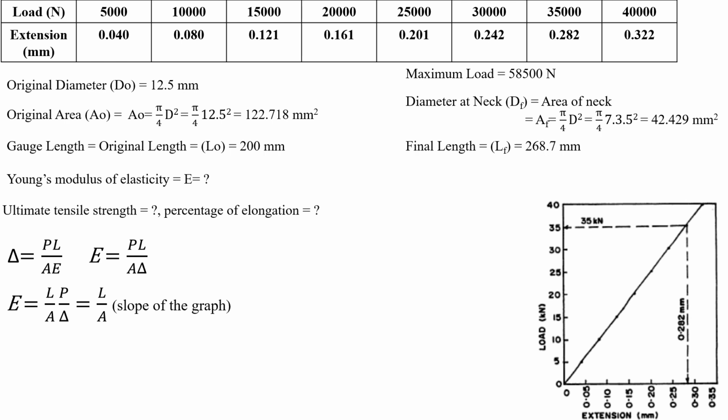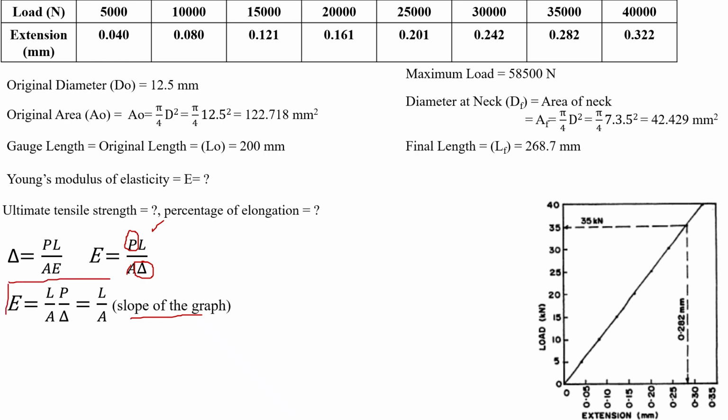Here we know the initial length L and the initial cross section area, but P and delta we don't know individually. Then this equation can be written as E equal to L by A into P by delta, that is, E equal to L by A into slope of the graph.